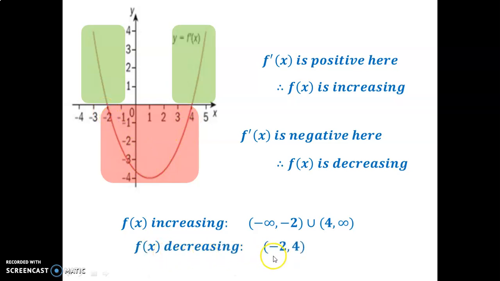So f of x is decreasing between negative 2 and 4 because derivative values are negative between negative 2 and 4. That means there's a negative slope on the original graph between negative 2 and 4, so it's decreasing. Then the derivative becomes positive here, which means slope values on the original graph are positive, so the original graph must be increasing for x values greater than 4.